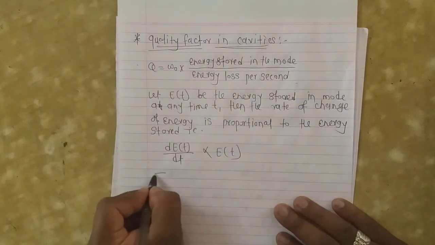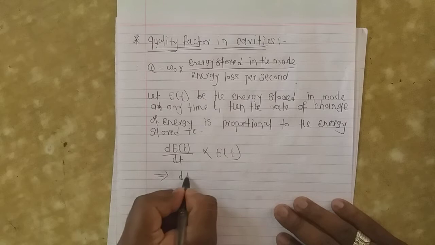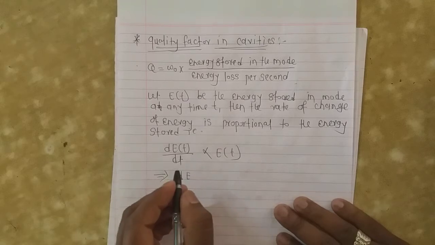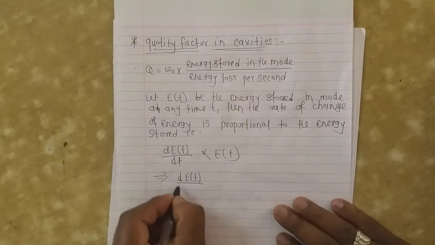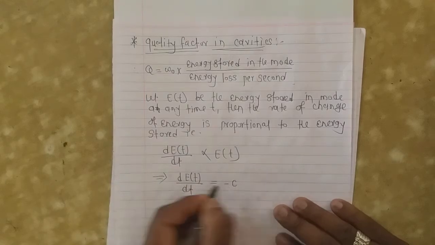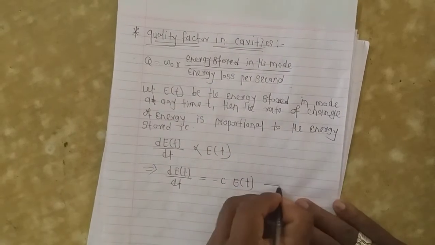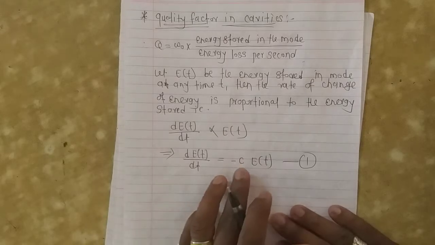Therefore d of E of t divided by dt is equal to minus c E of t. Equation number 1, where minus c, that is the proportionality constant.